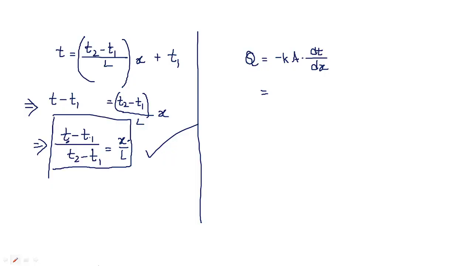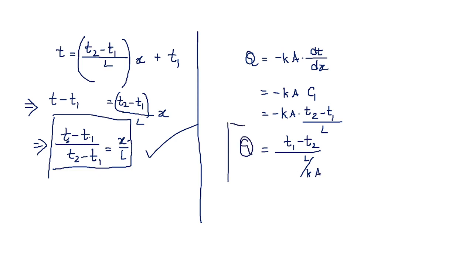So therefore, in this particular case, minus Ka into C1 is T2 minus T1 by L. So can we write from this T1 minus T2 by L by Ka? So this is the formula for heat transfer.